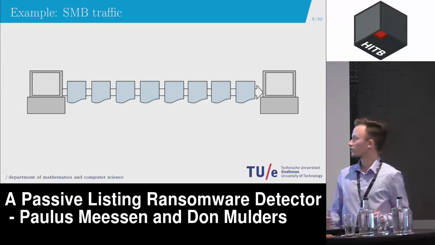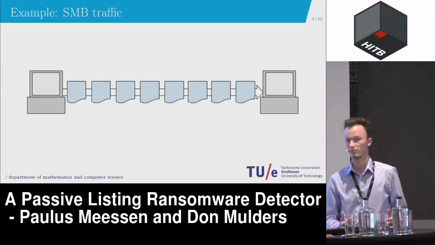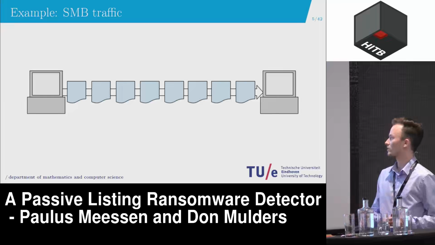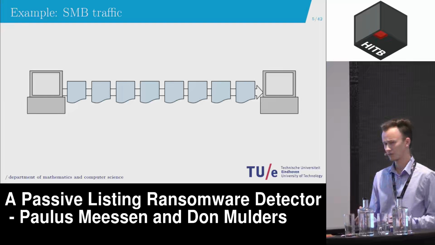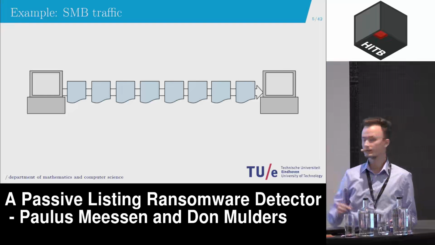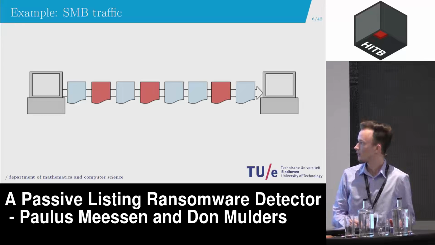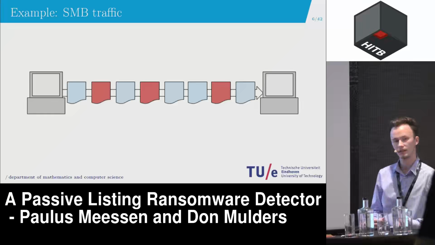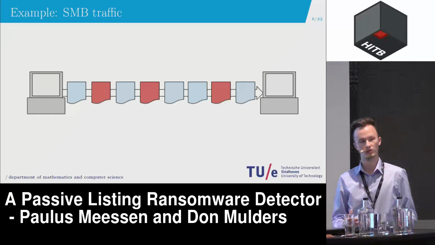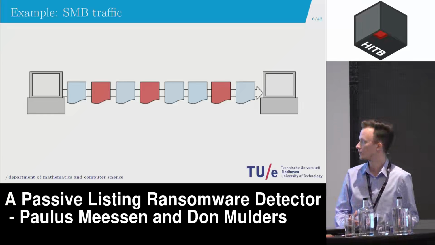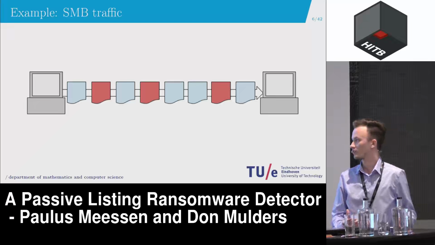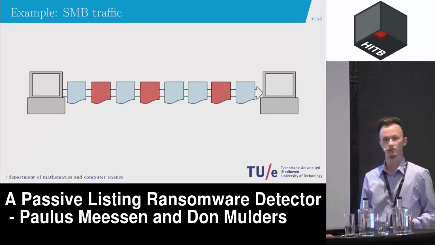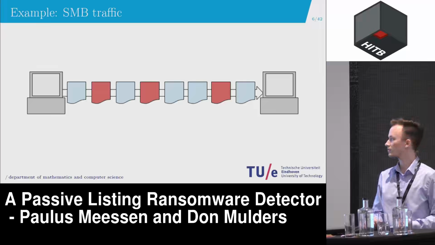So this is just a simple example where one host sends some stuff to another host through SMB packages. Nothing really going on here. And now something else is going on. I've marked some packages in red, and these indicate some encryption going on. And still, this is not a big issue, because encryption is a useful tool to secure your files.